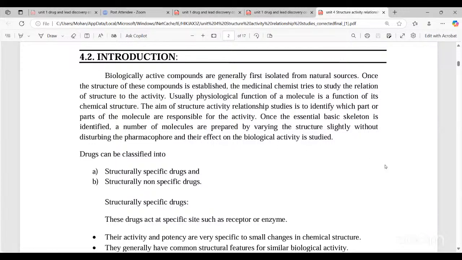The aim of structure activity relationship studies is to identify which parts of the molecule are responsible for the activity. So once the essential basic skeleton is identified, a number of molecules are produced by varying the structure slightly without disturbing the pharmacophore, and their effect on the biological activity is studied.